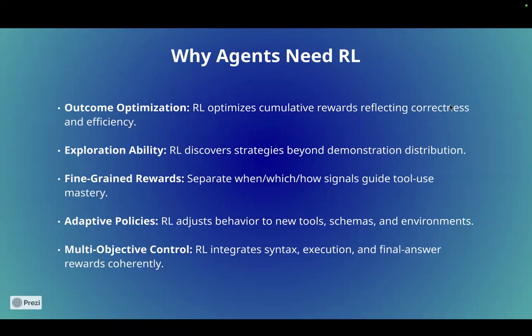And because you've encouraged the model to take small mini steps along the way, if you're doing, say, process-based modeling, where you're assigning a positive reward for each small step that the model is taking, the model learns over time, over a bunch of different RL episodes or trajectories. It figures out that it needs to carry out a task in a particular way, right? So that's the entire learning process. That's the outcome optimization piece.